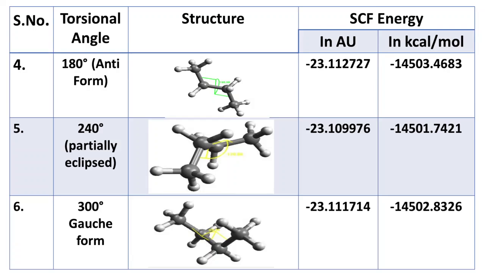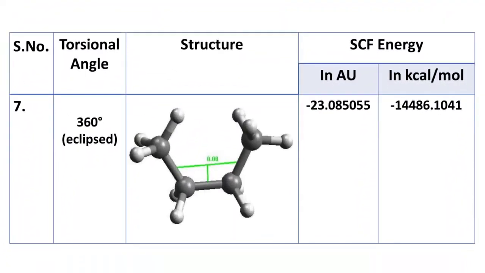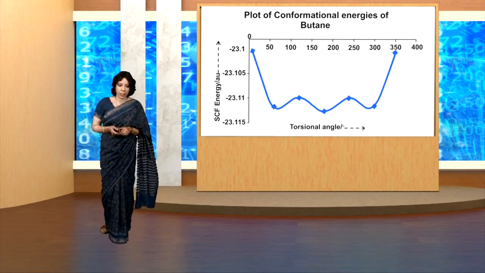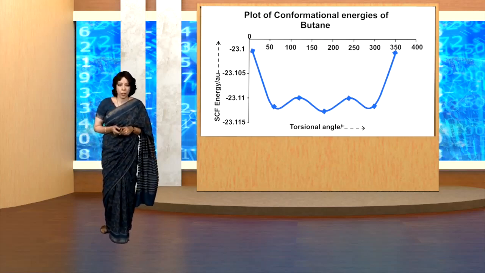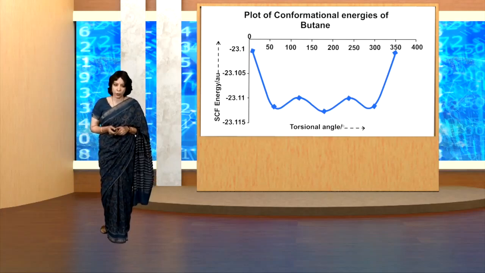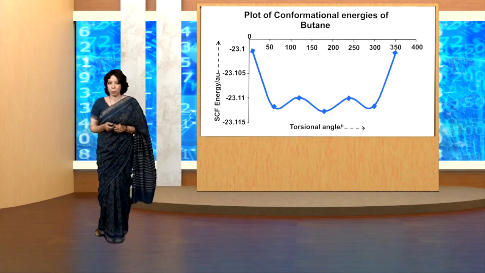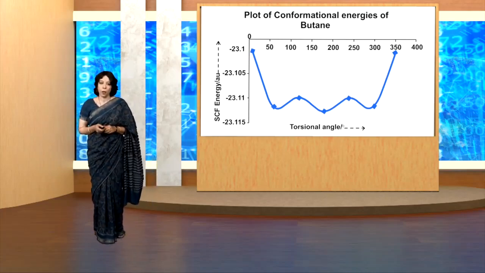For example, I have asked them to arrange it in this form: the torsional angle is mentioned, then the structure, then the energy in atomic units and kilocalories per mole. So they can plot the conformational energies of butane with respect to the torsional angle on any spreadsheet software. So this is how we can do any problem of chemistry on Arguslab.